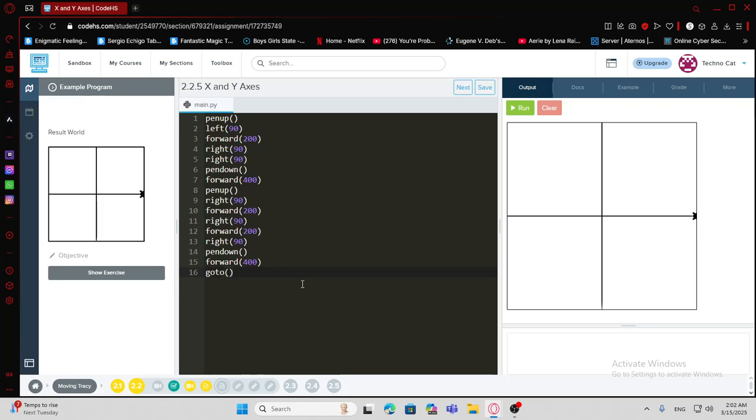I've just told Tracy to go to the upper left corner right here, which should be negative 200, positive 200. And then I'm gonna tell Tracy to turn right, which would be clockwise, I'm pretty sure, by 45 degrees. And then after that, oh, we should have a pen up before this.